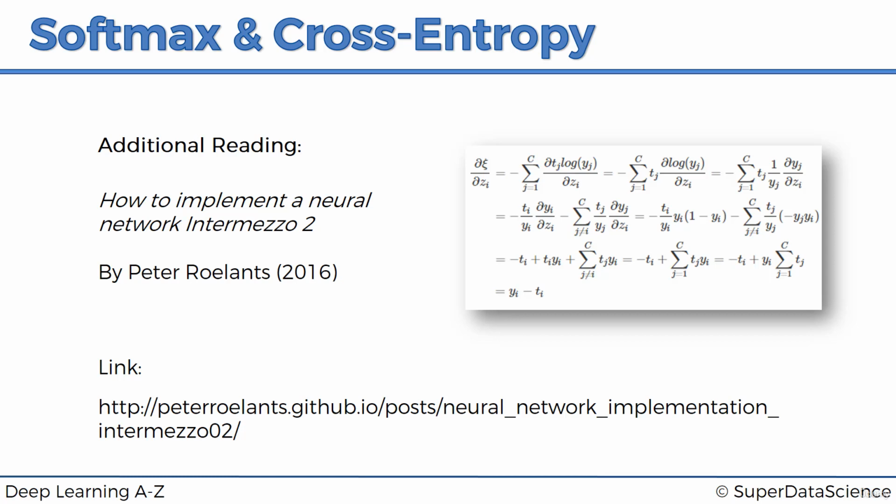So that's why it's called intermezzo. No other reason, as far as I understand. The article is by Peter Roelants, 2016 as well. So both are quite recent. Check this out if you would like to dig into the mathematics behind the softmax and cross entropy.